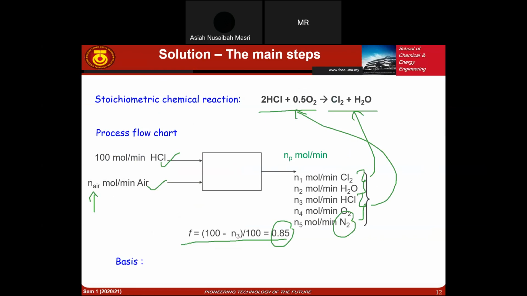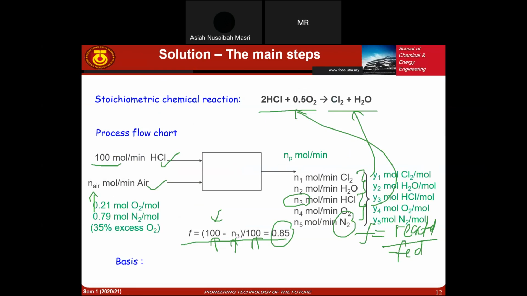If you remember, the formula for conversion is how much mole of things reacted over how much feed. So here we know already 100 mole per minute is feed. So here we can write 100 mole per minute. And then how much reacted, that will be how much feed minus the output. So we have here 100 minus N3. So basically from here we can solve one already. Okay, but let's not proceed. Now we detail out more.